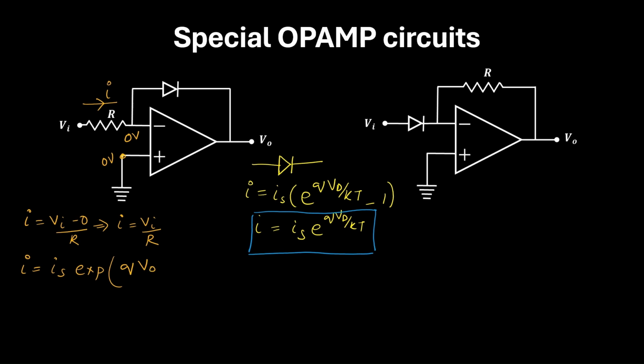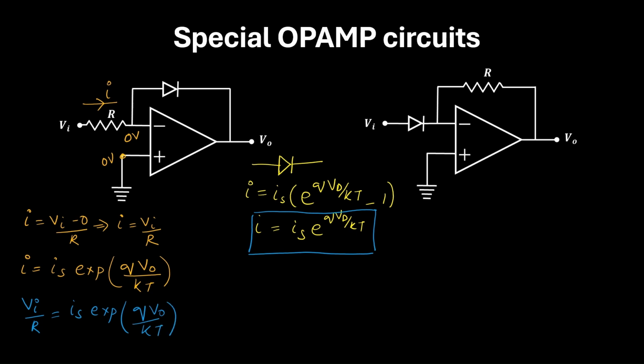So V naught divided by the Boltzmann constant into T. Now if we use these two expressions, we can write Vi by R is equal to Is into exponential of Q V naught by KT.